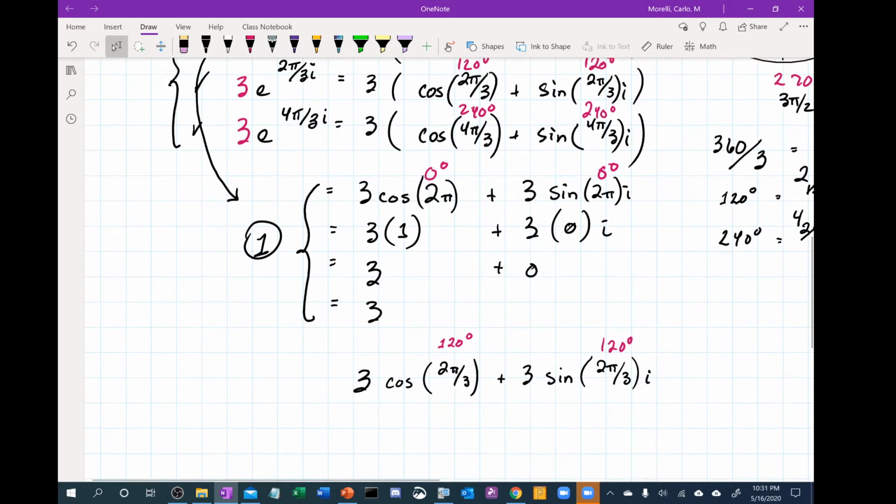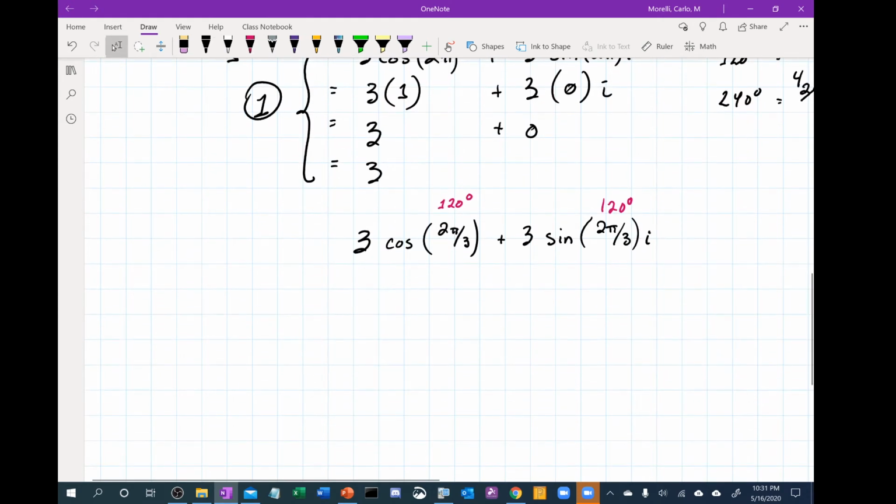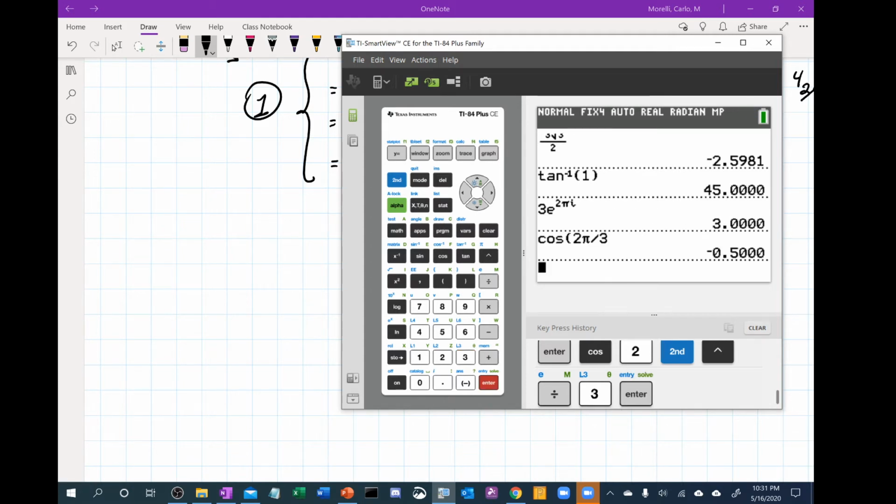I think we need to make sure that we remember that this is negative when we write it in rectangular form. Anyway, so let's approximate the cosine of 2 pi over 3. Aha, negative 0.5. Good. Okay, so it put the negative for us.